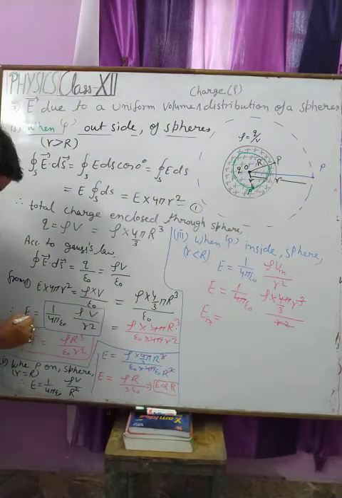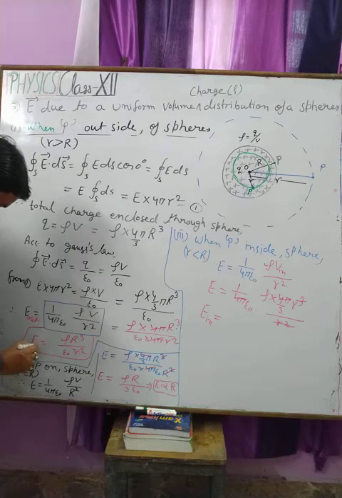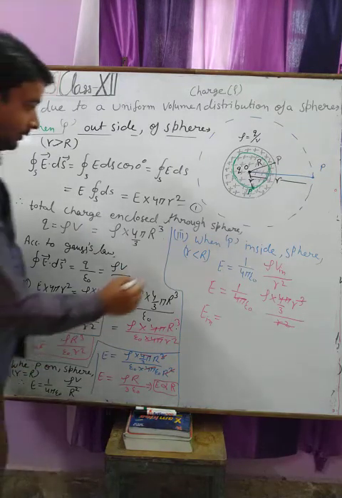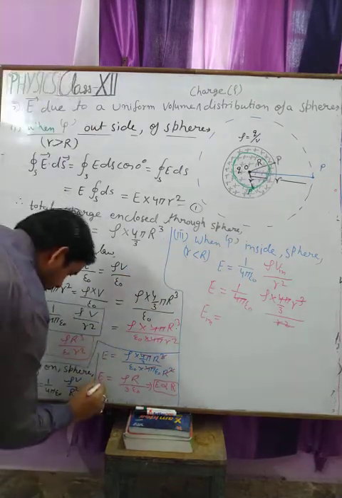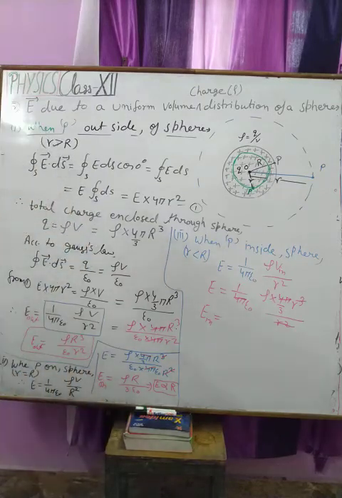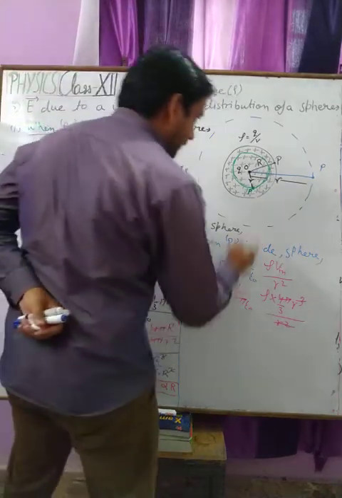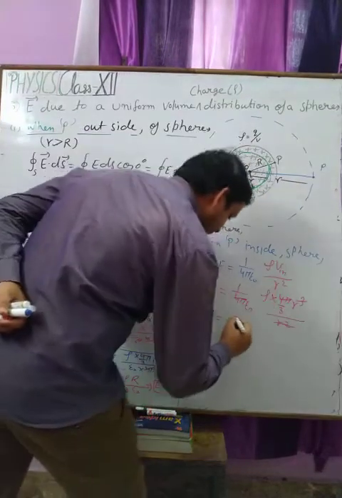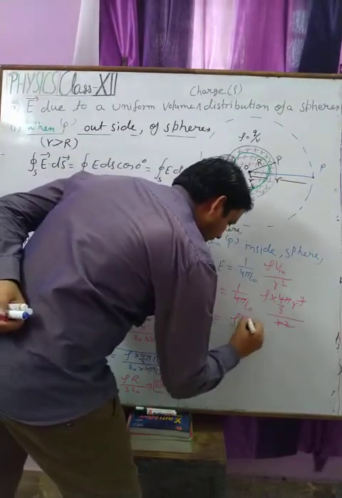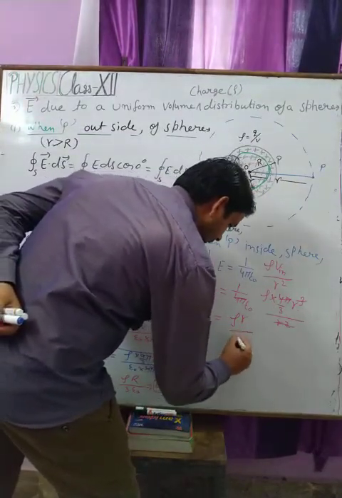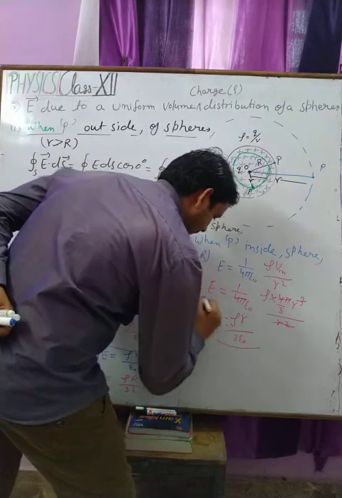This is outside, this is on the surface, and this is electric field inside due to the sphere: rho small r upon 3 epsilon naught.